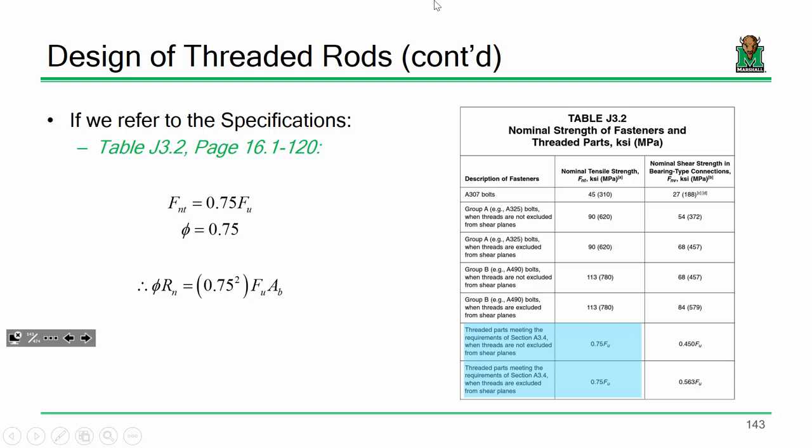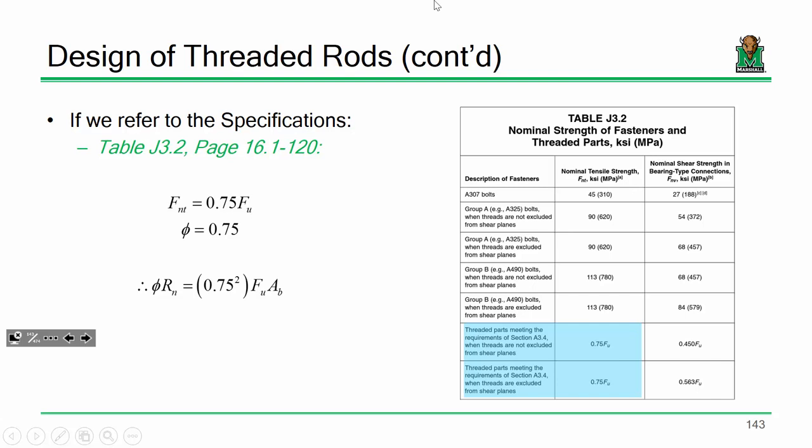Now, if you notice, I've got the two rows on the bottom highlighted, but I do want to look at the rows above, because that's going to become relevant next time when we start talking about bolts. You've got Group A307 bolts, and you've got Group A bolts and Group B bolts. Does everybody see that?